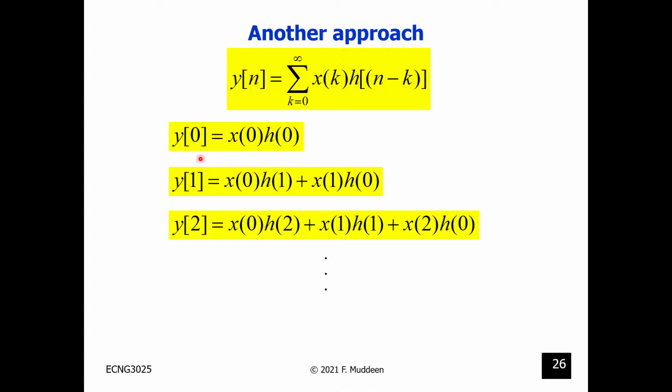As such, y of 0 will just be x0 h0, y of 1 will be x0 h1 plus x1 h0, and y of 2 will be x0 h2, x1 h1, x2 h0. But a pattern started to emerge. And they realized from this pattern it's possible to form something referred to as the convolution table, which would be a more effective way to perform discretized time convolution.